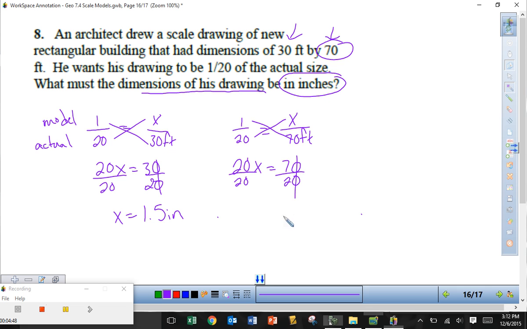Again, you can just hack off those extra zeros, so x equals 7/2. Well, 7/2 is the same thing as 3 1/2, or 3.5 inches. Okay, so my dimensions would be, just like they wrote them up here, 1.5 inches by 3.5 inches.